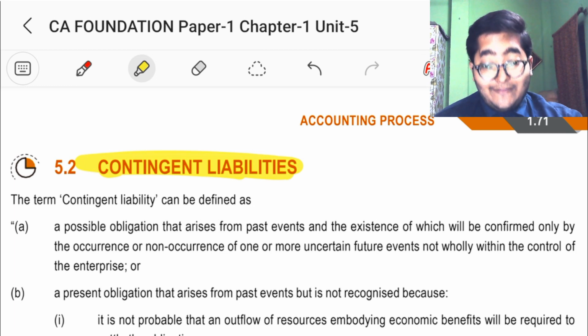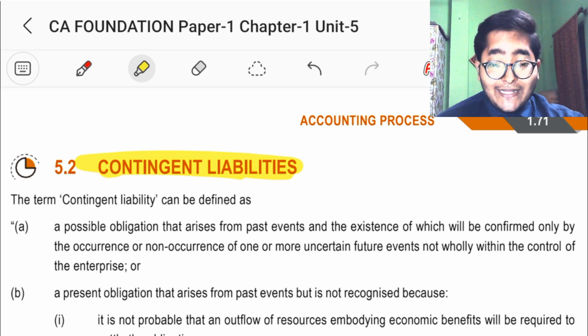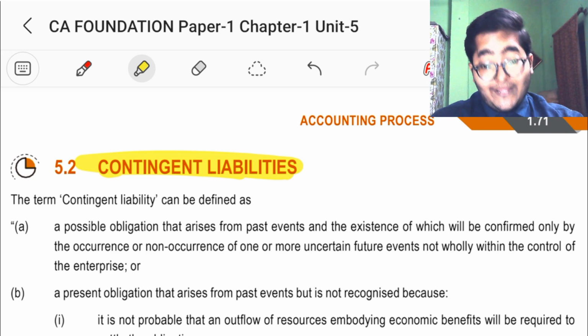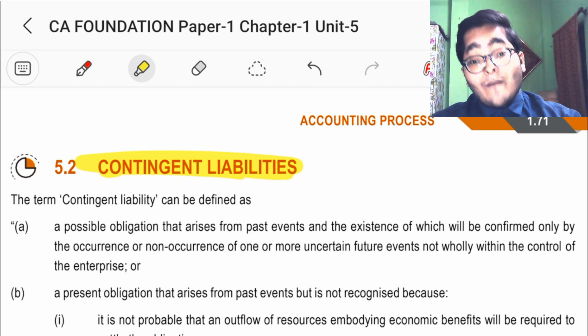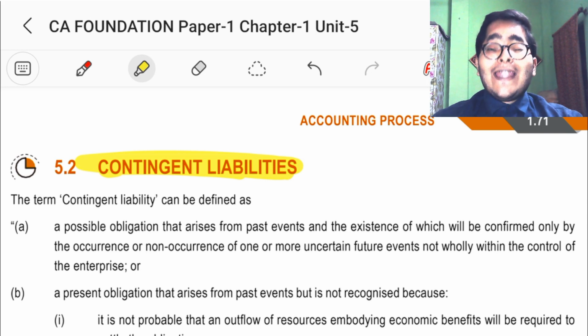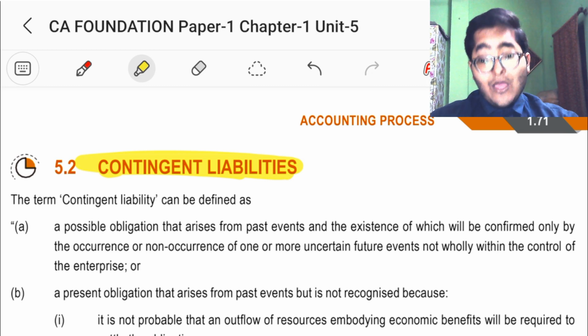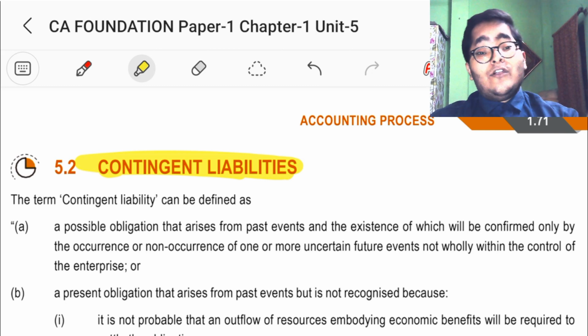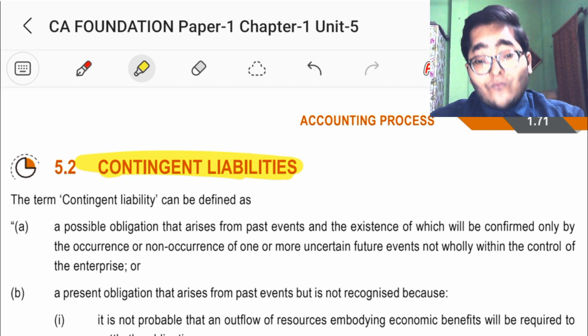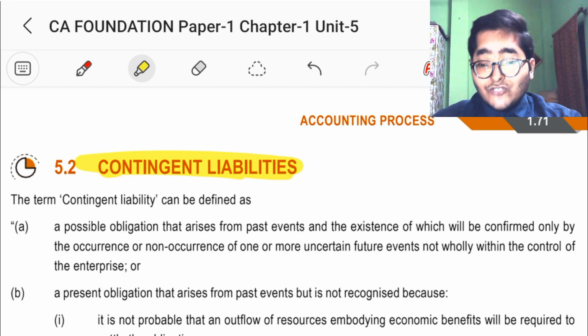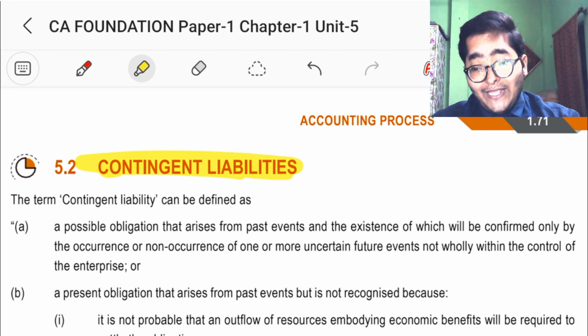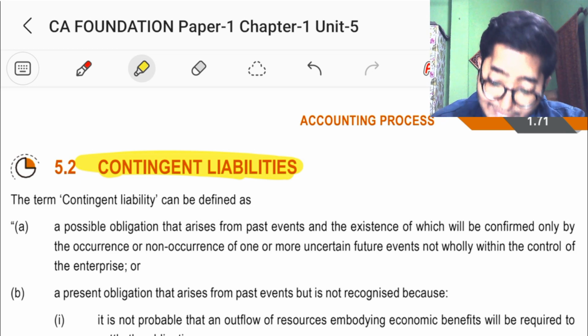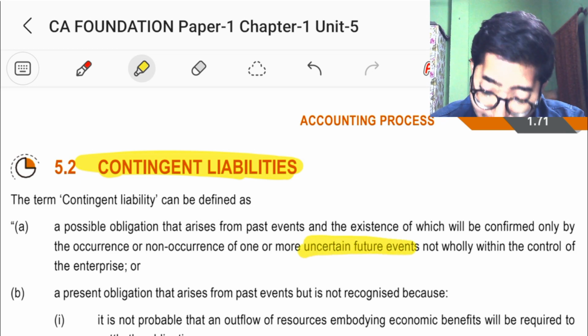The term contingent liability can be defined as a possible obligation that arises from past events and the existence of which will be confirmed only by the occurrence or non-occurrence of one or more uncertain future events, not wholly within the control of the enterprise. Same point over here, uncertain future events.